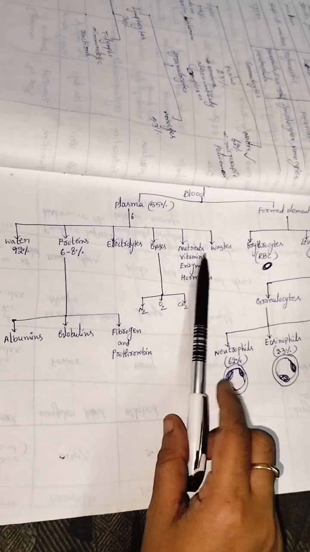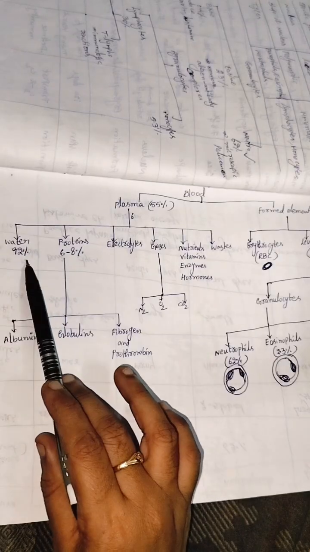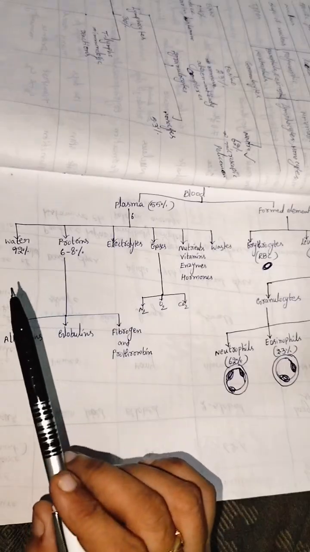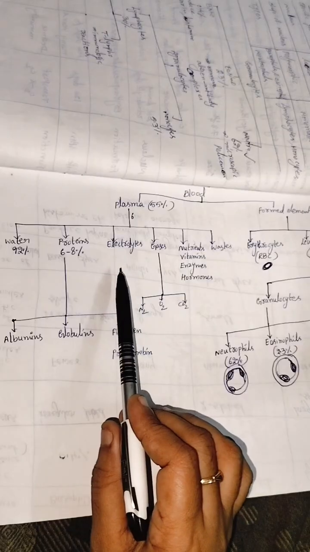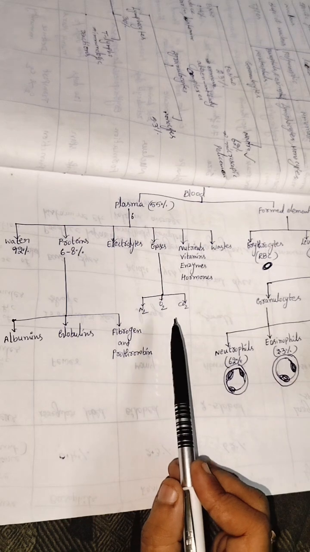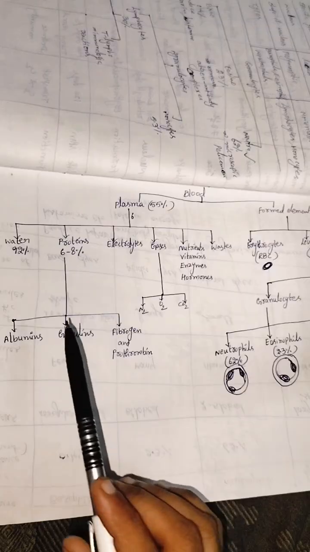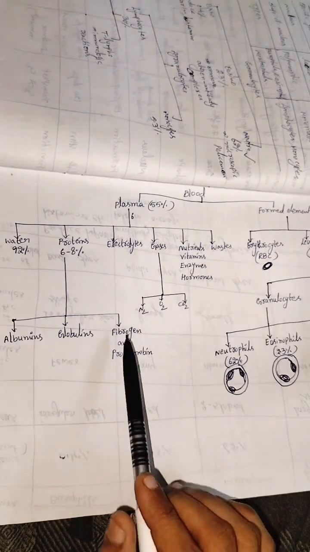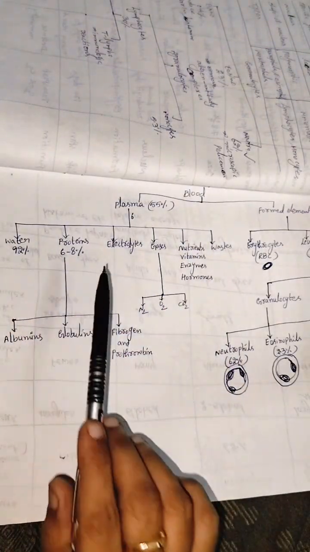This is a very important mind map of the blood. Water is 92% of plasma, the maximum percentage, and proteins 6 to 8%. Gases include nitrogen, oxygen, carbon dioxide. The proteins are albumins, globulins, fibrinogen and prothrombin. This is the mind map of the plasma.